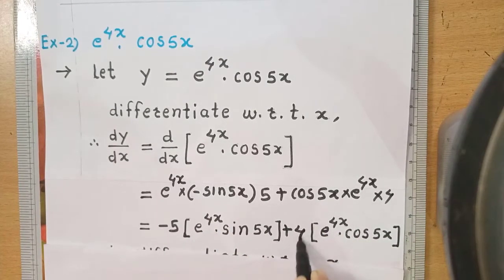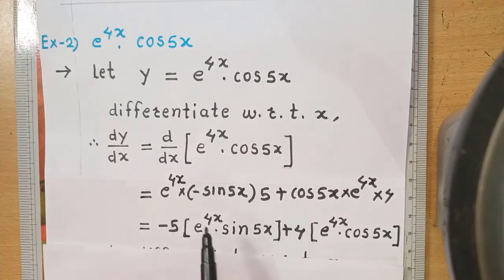Now we will move the constant term to the front, so we have minus 5 here, and here take plus 4 outside. To find the second order derivative, again we have to differentiate this function. We will use the product rule here also.